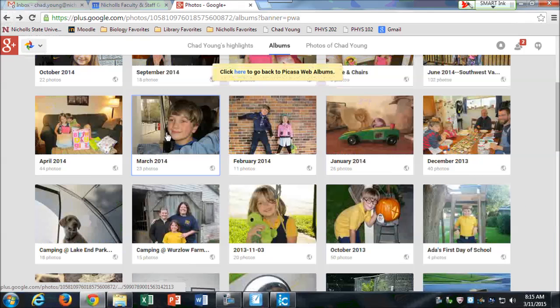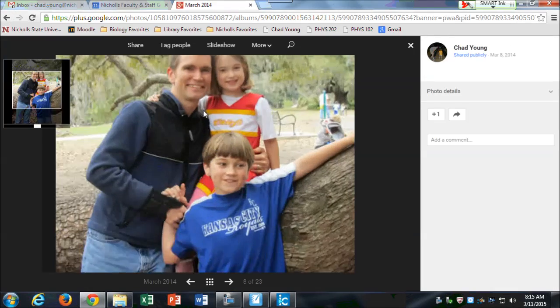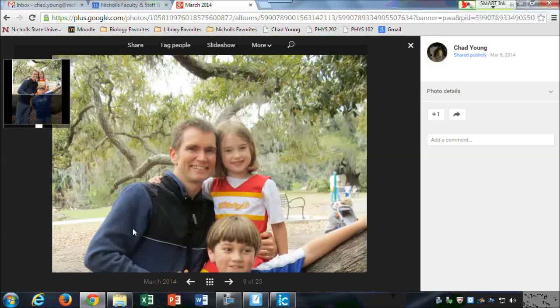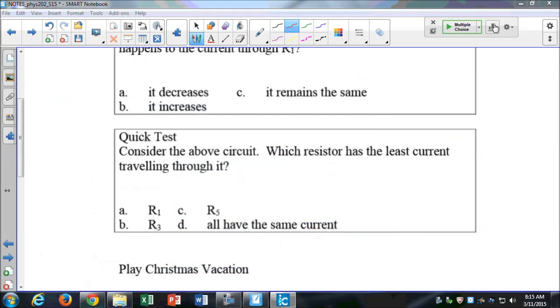February, March. Oh, there we go. Good picture. Does that look completely different? How would it be with like Wolverine? It's not even the same name. All right. Okay. I'm going to hand back your exams now.